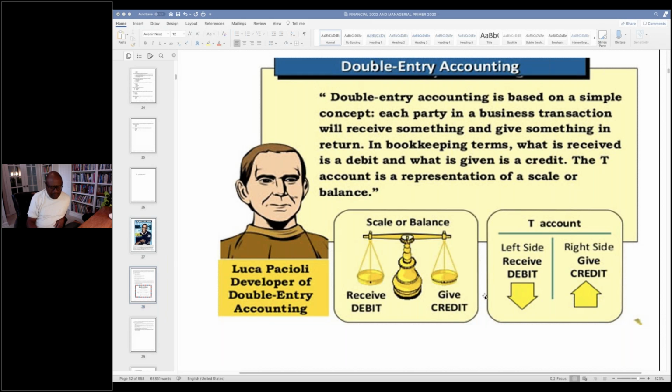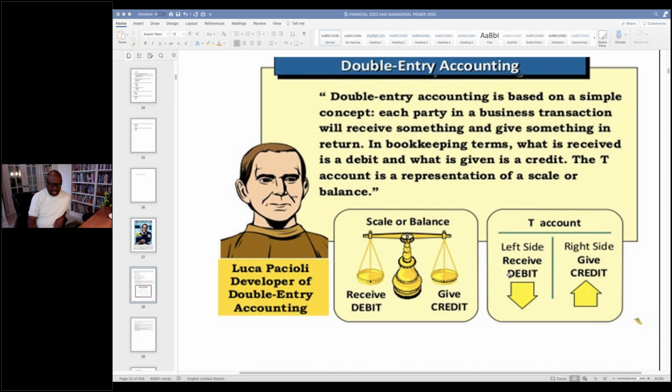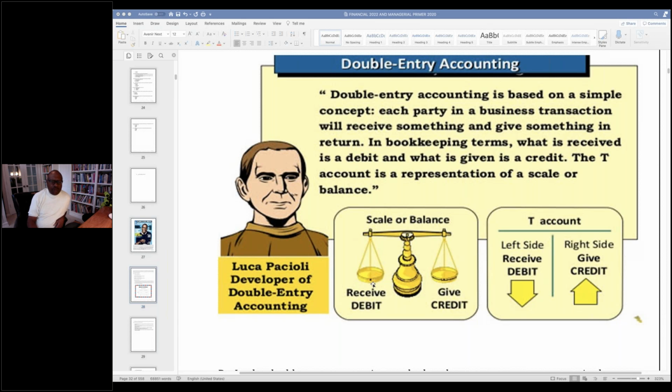You give something of value, that's the credit. And T account wise, debits are on the left, credits are on the right. So that's the theory behind the double entry system. We have to record what we received and what we gave up.